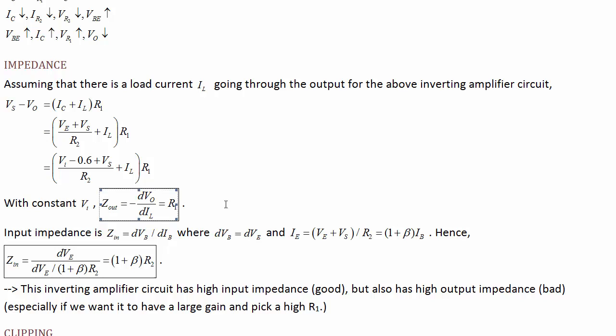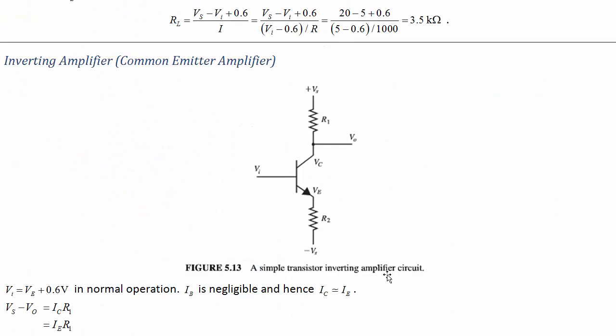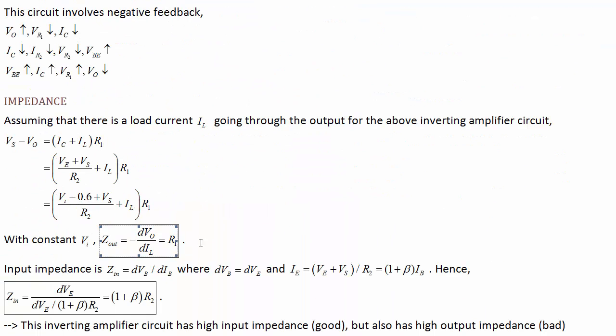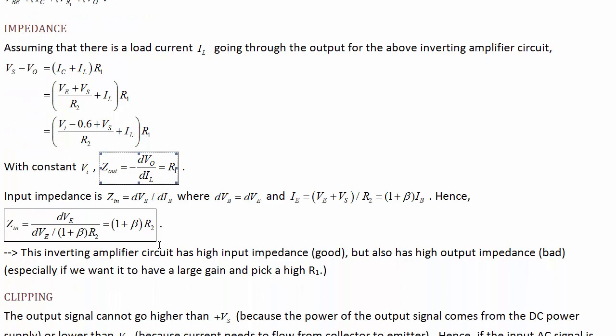So that's not amplified by beta like it was for the follower, or divided by beta like it was for the follower circuit. So this is just a regular old output impedance. The input impedance, we still get this 1 plus beta setup if you work through the math for that one.